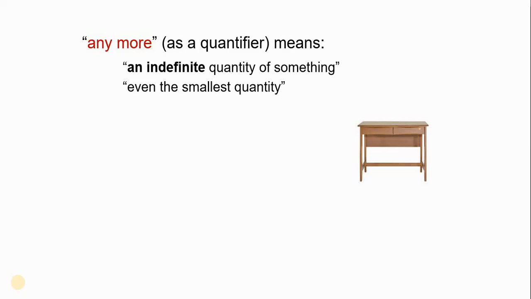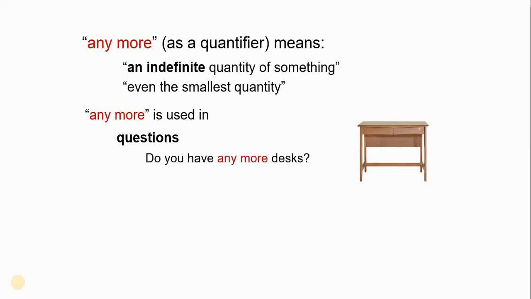So there are two types of sentence that we use anymore. We use anymore in questions, like for example, do you have any more desks? So notice the determiner. This goes before a noun. Any more desks?